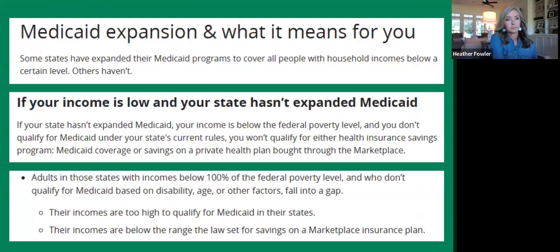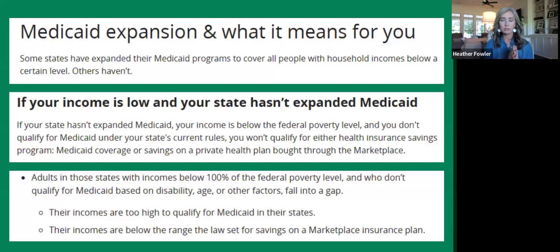Okay, so now let's talk just a little bit about Medicaid expansion. Some states have expanded Medicaid, but Alabama has not. So unfortunately, what that means is there is a gap. And I'm sure if you've done ACA for very long, you've already run into this problem.